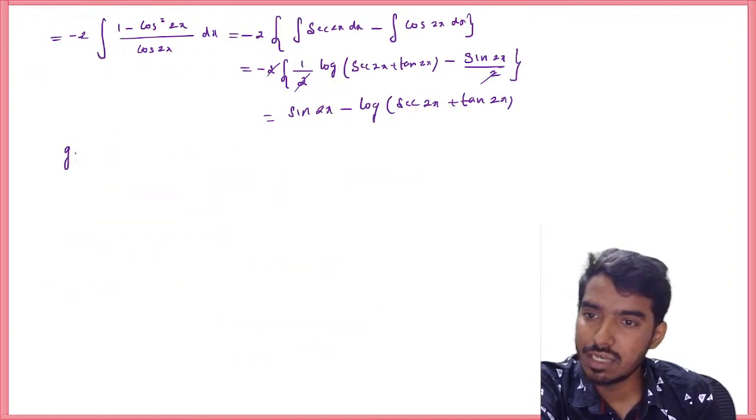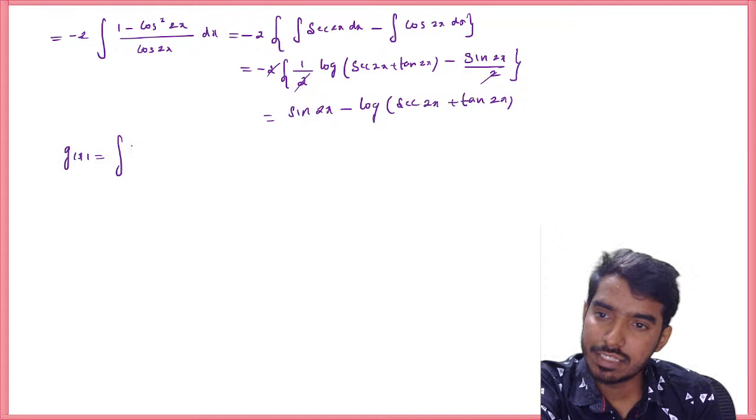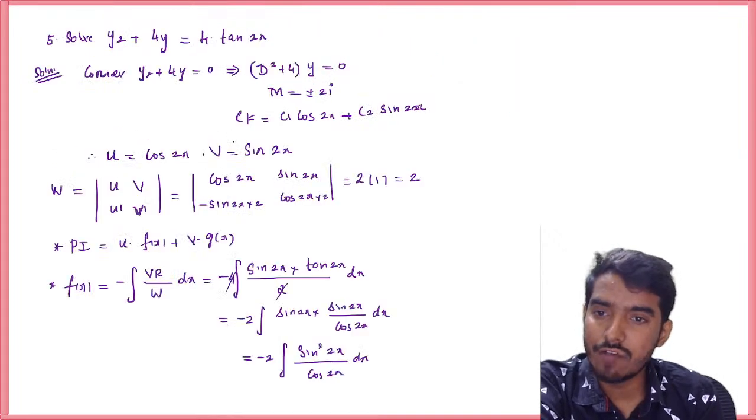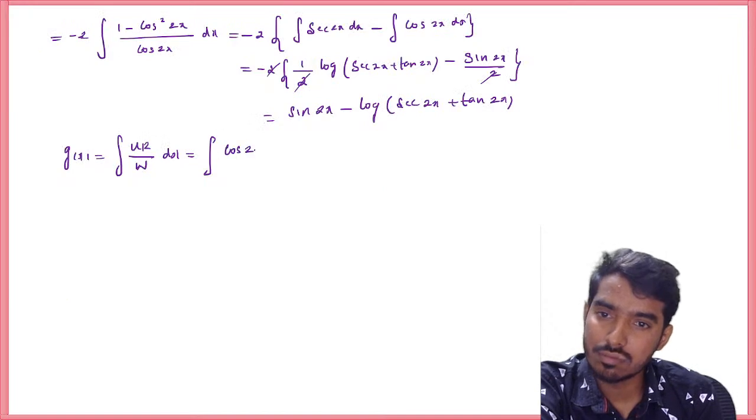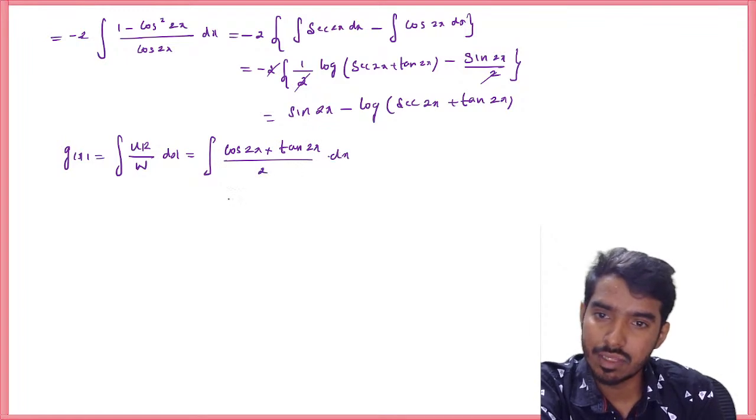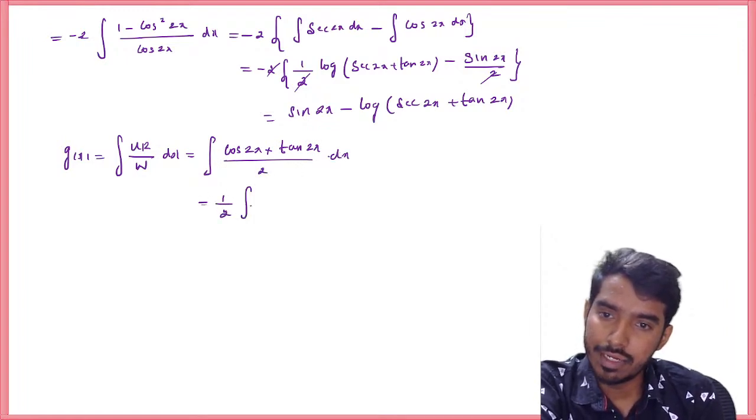Now similarly, you find g of x, integration of uR by W dx. Integration of u is cos 2x, R is tan 2x, divided by W is 2 dx. This is 1 by 2 integration of cos 2x, this is sin 2x by cos 2x dx.